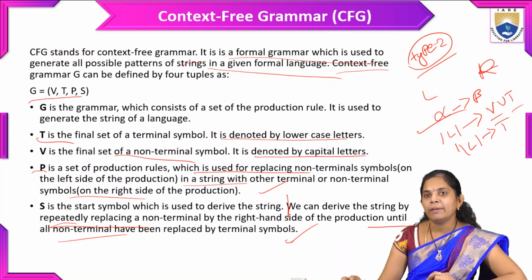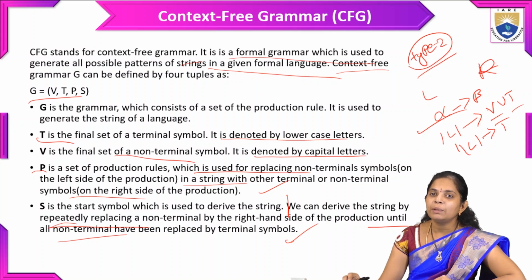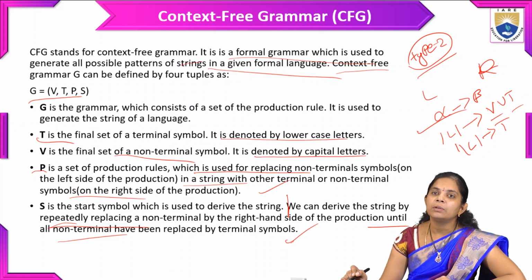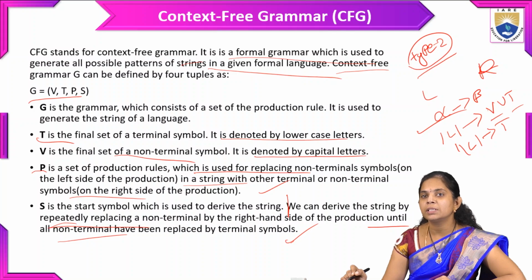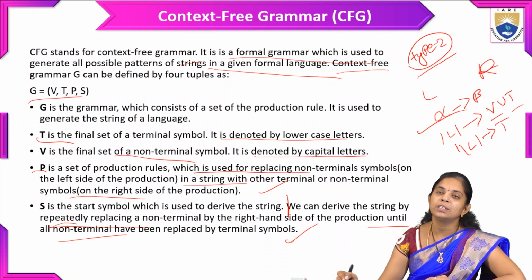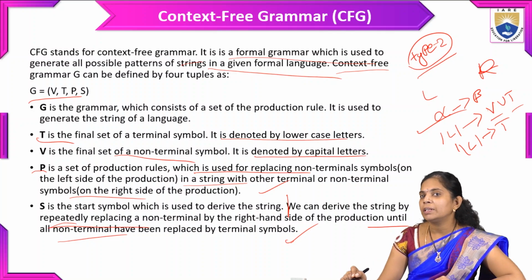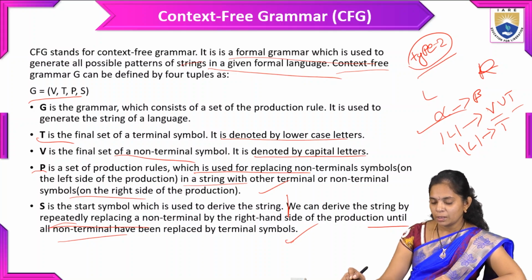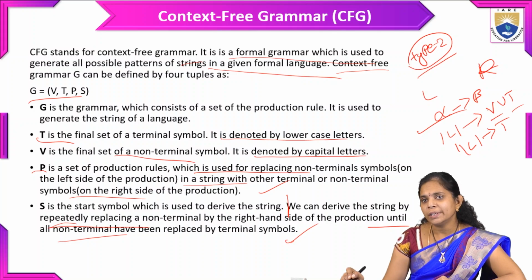If we have the start symbol and we have the right hand side value, we can replace the non-terminals on the right hand side until we get all terminal symbols. So in the end we get only terminal values.